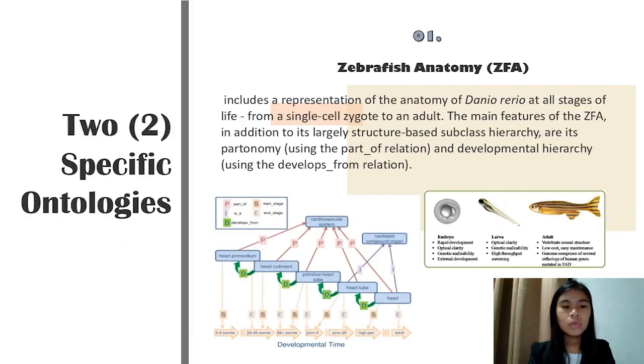So there are two specific ontologies. First is the zebrafish anatomy or the ZFA. It includes a representation of the anatomy of Danio rerio at all stages of life, from single-cell zygote to an adult. So the main features of the ZFA, in addition to its largely structure-based subclass hierarchy, are its partonomy, using the part-of relationship, and the developmental hierarchy, using the develops-from relation.